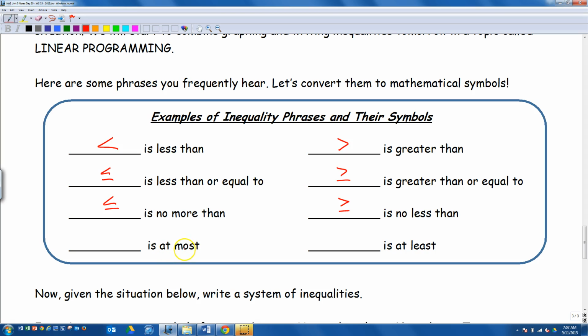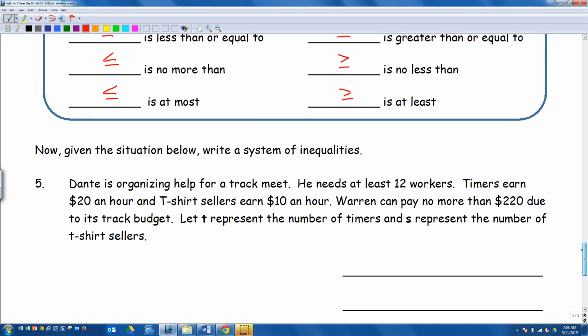Again, it means it can only be up to a point, but it could be lower. So it's the same inequality. And this one is "at least." So it can be that or more. So those are the symbols you use for those words. So now we're going to go through the situations.